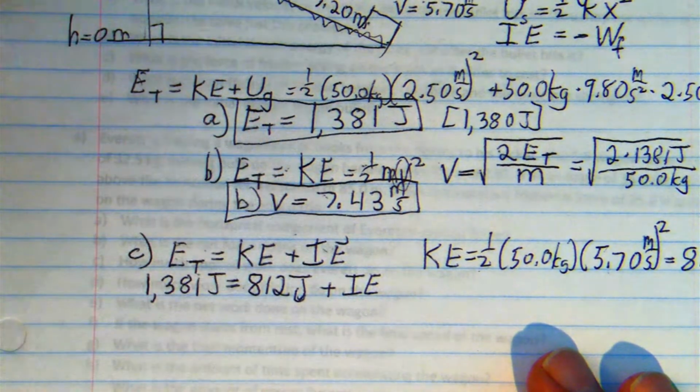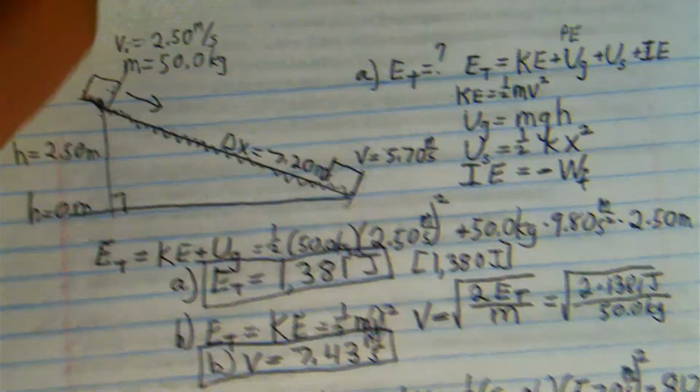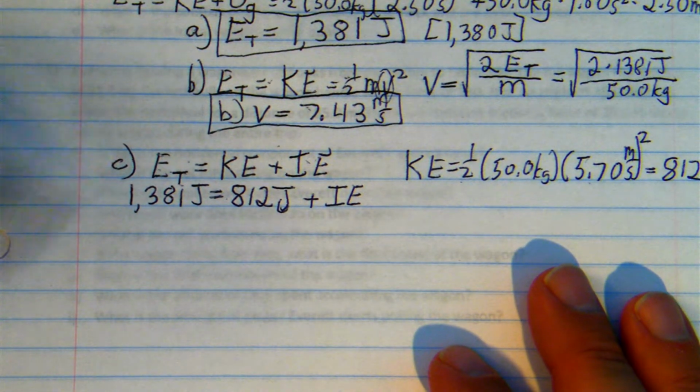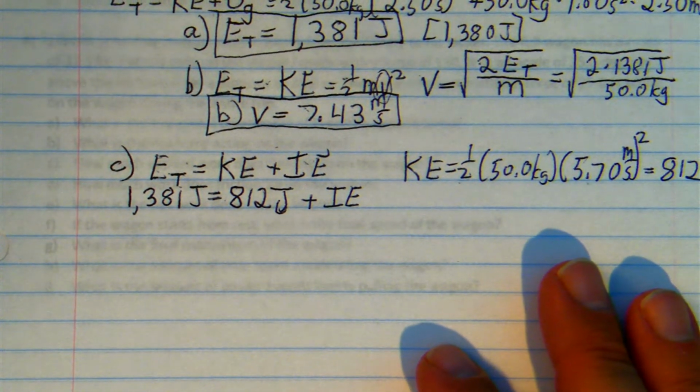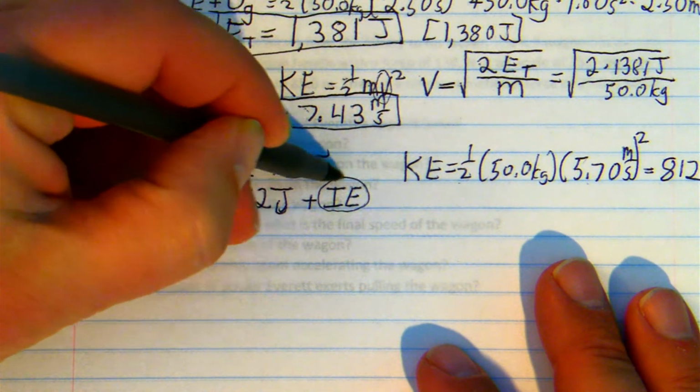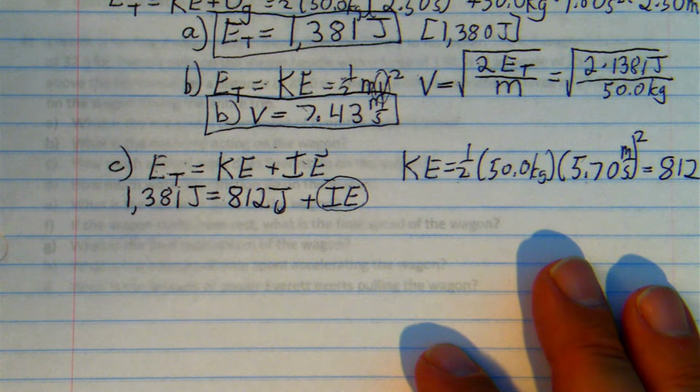All the rest of the energy is in the form of internal energy. And in part C, this is what they are asking for. How much energy is now in the form of internal energy?